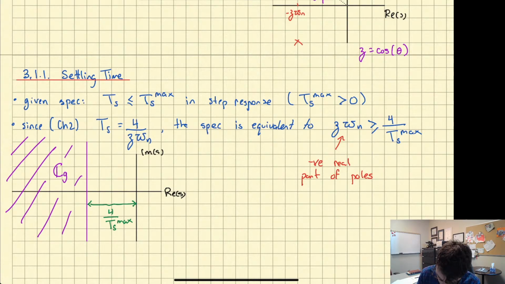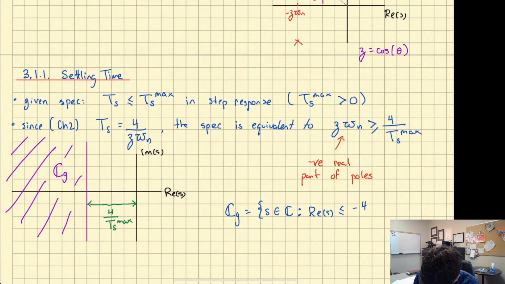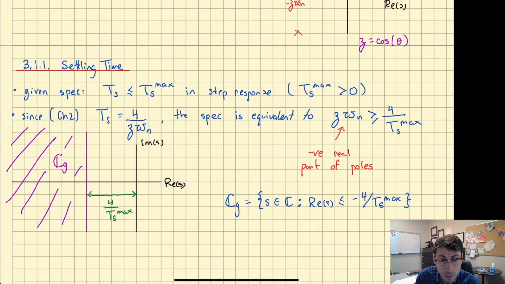It's the set of points in the complex plane where the real part of s is less than or equal to negative 4 over Ts max. So the settling time spec pulls the poles sufficiently far to the left.